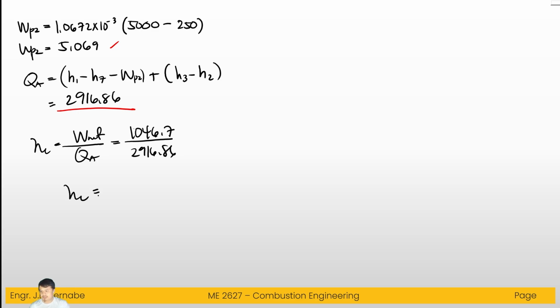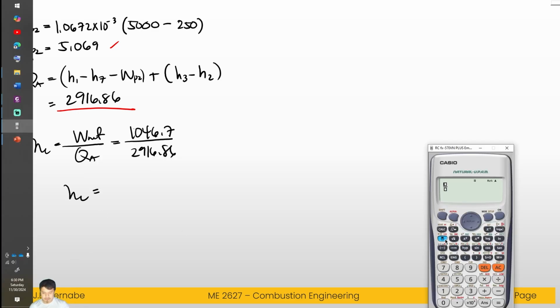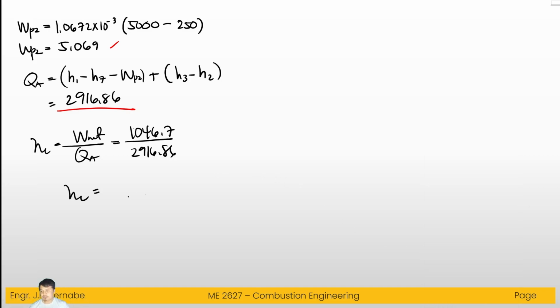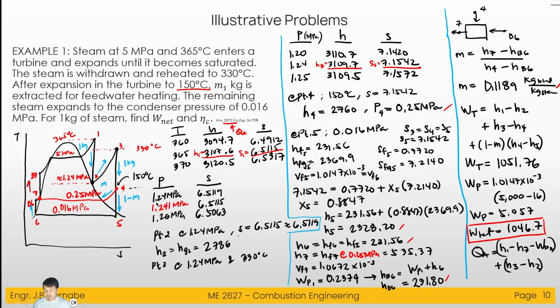So cycle efficiency will be 1046.7 divided by 2916.86. So 35.88. Yeah. Is it off, no? Sa value? Slightly off lang. Medyo off na siya, no?